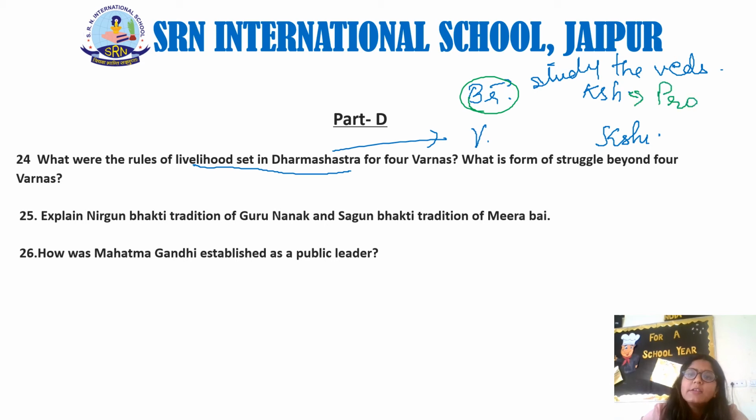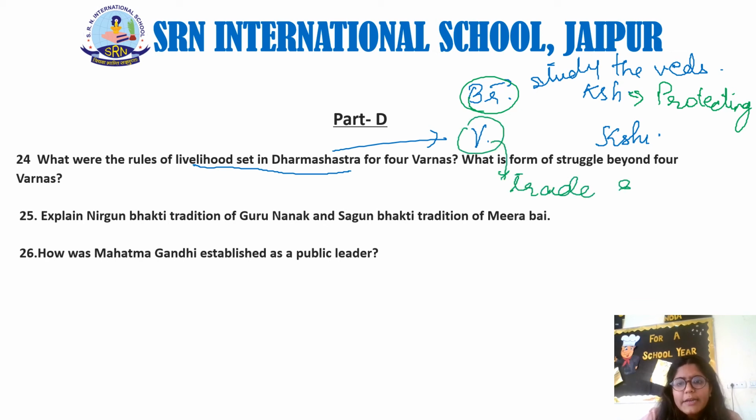Kshatriyas were responsible for protecting and administering people; anything related to protection or administration was linked with the Kshatriya clan. They made sacrifices under the patronage of Brahmanas, and always gave gifts to the Brahmins. Then come Vaishyas, who were assigned trade and commerce.